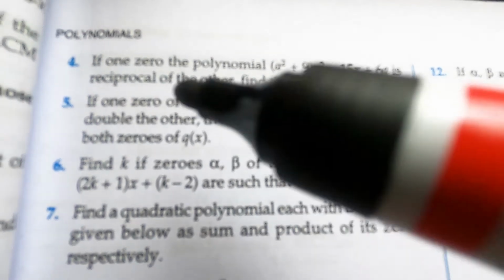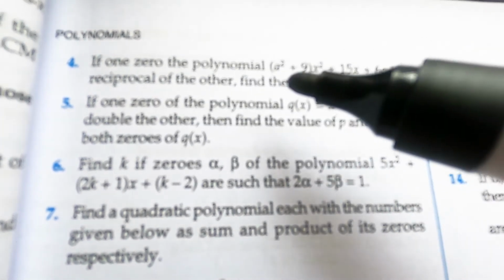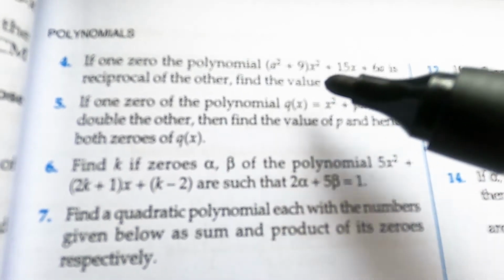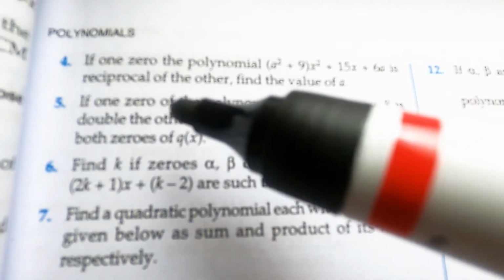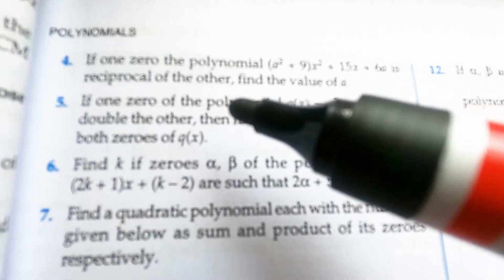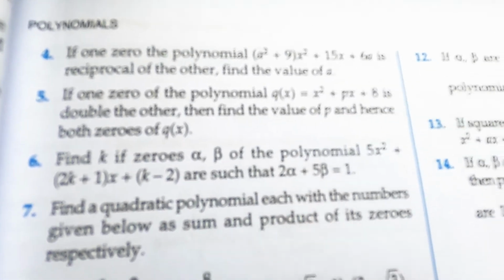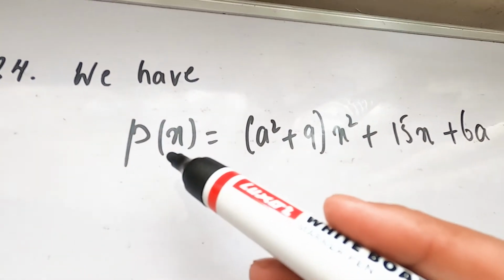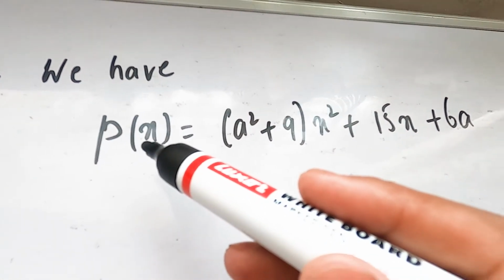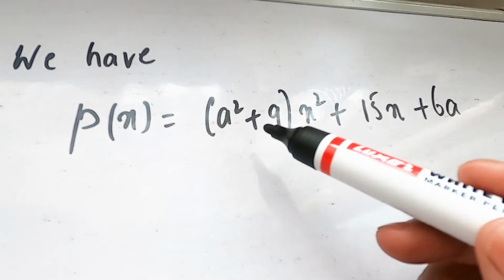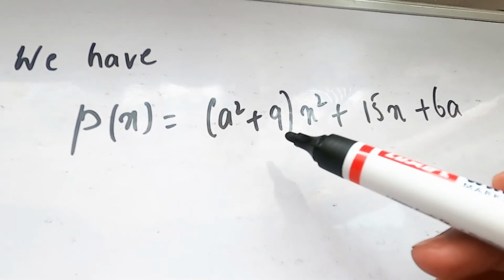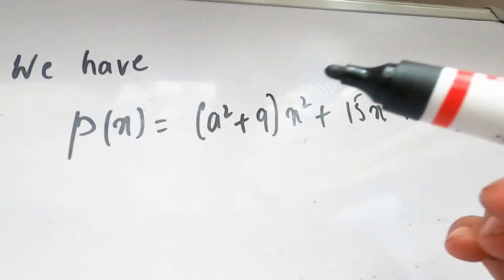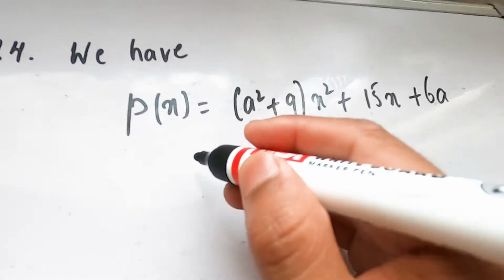All right, students. So we'll be starting with question number 4. If one zero of the polynomial is the reciprocal of the other, find the value of a. So we have this given polynomial p(x) = (a² + 9)x² + 15x + 6a. So what we'll do is we will write the coefficients first.